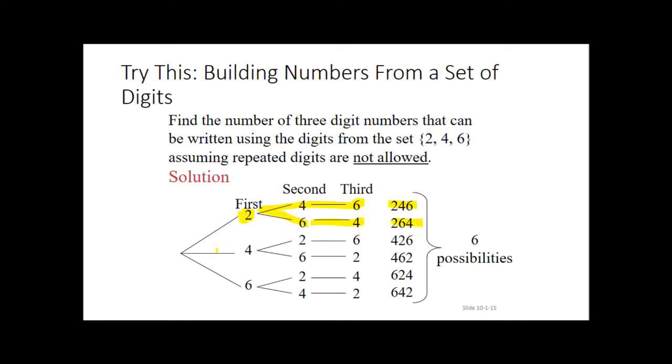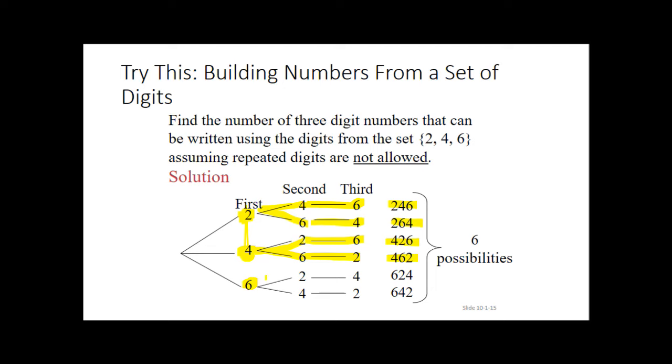Okay, now this branch down here, this is all the numbers that start with 4. And so if it starts with a 4 and there's no repetition, it has to be either 2 or 6 as the next digit. But if it's a 2, then the third digit has to be a 6 since no repetition is allowed. And on the other hand, if it were a 6, you'd have to have a 2 for the third digit. So that's where we get 426 and 462.